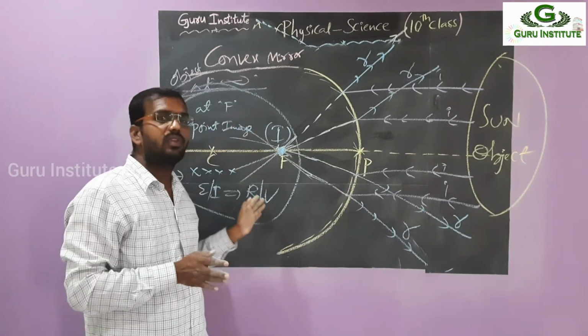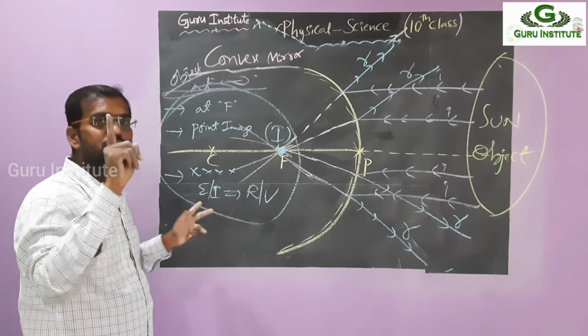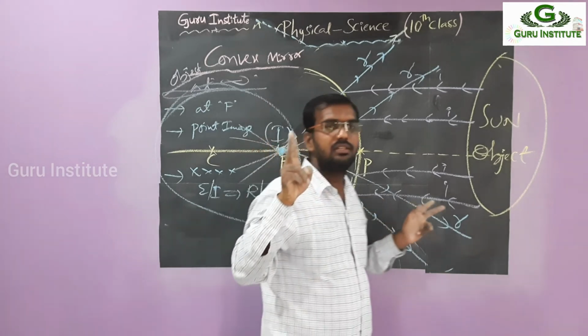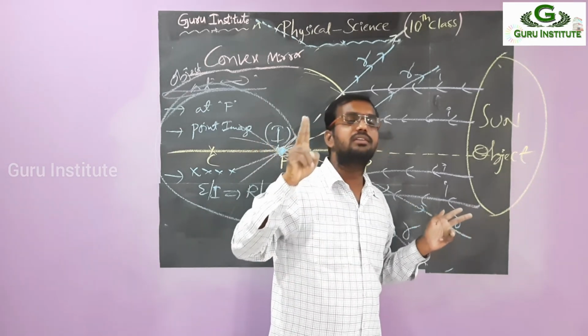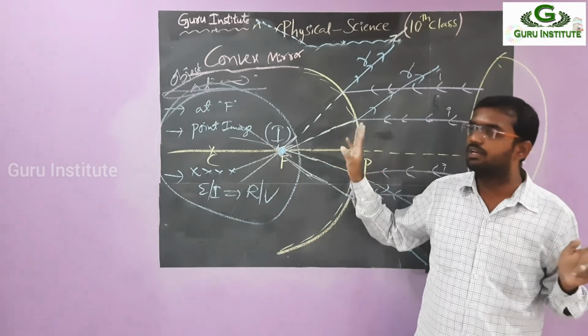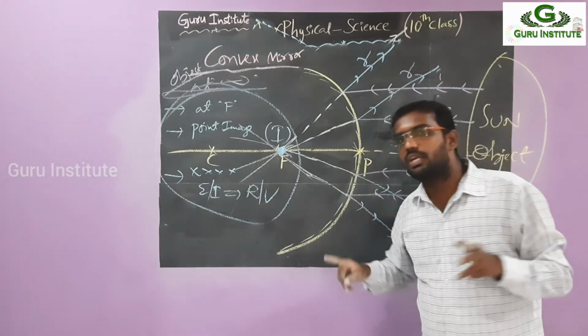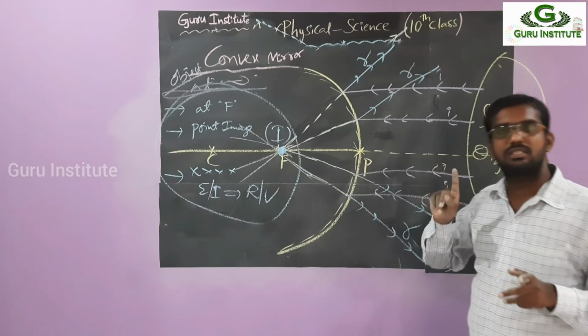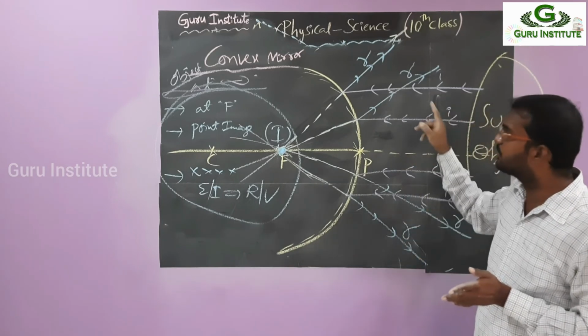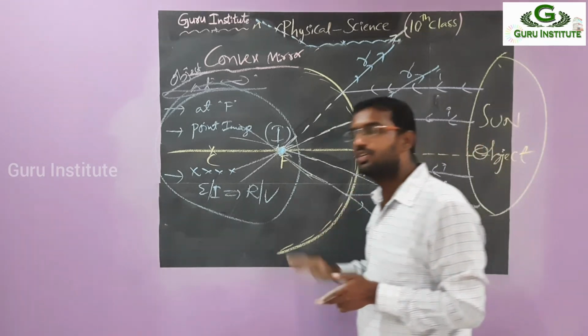For writing the nature, only 3 points: the position of the object, whether it is inverted or erect, and the nature and size, whether it is enlarged or diminished. You can write these 3 things, it's enough. The precaution you should take is that you must use a scale. On the board I am drawing freehand, but you must use a scale to get an exact, neat picture.